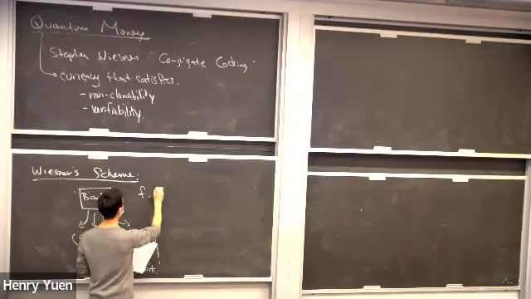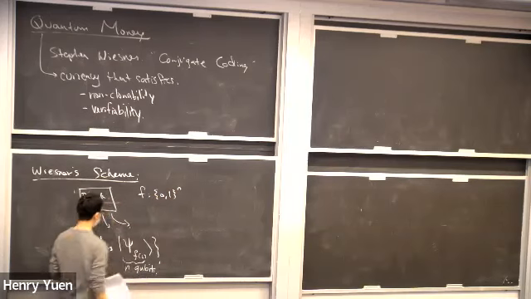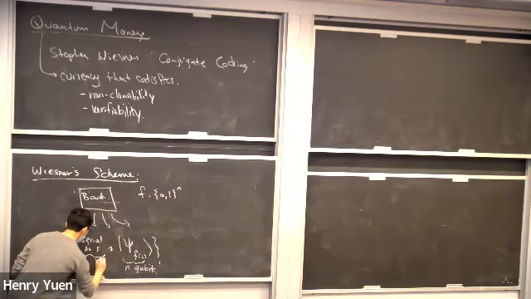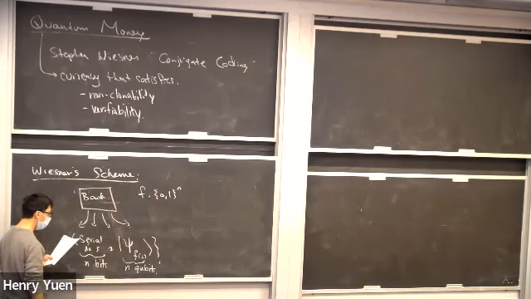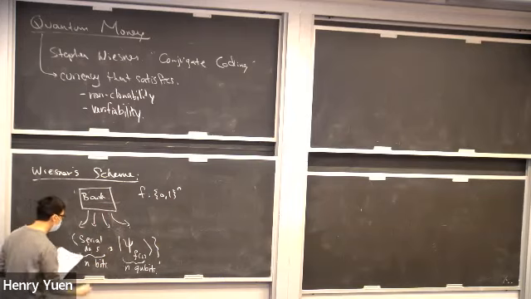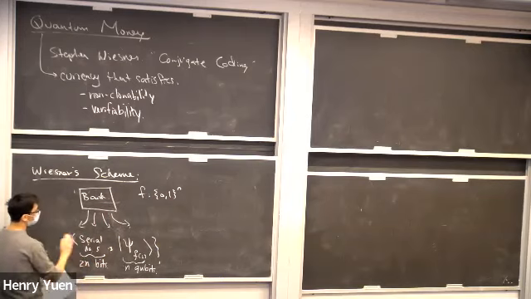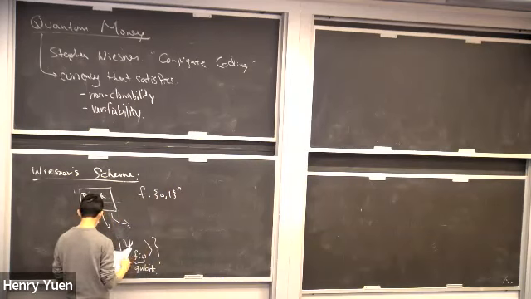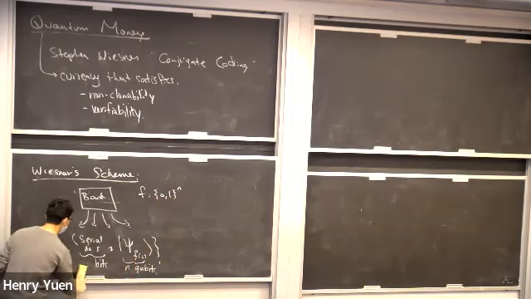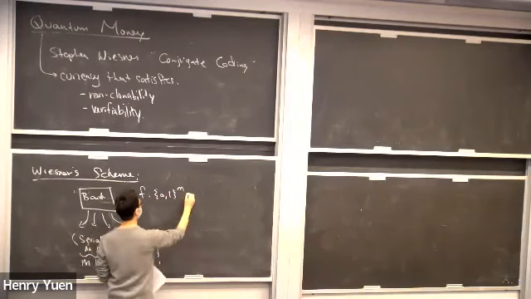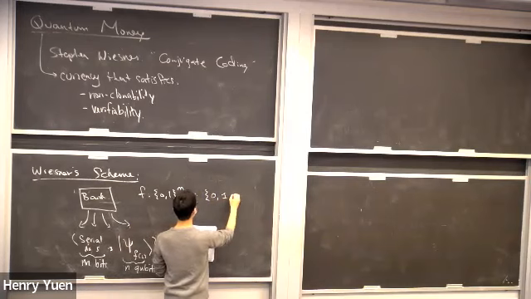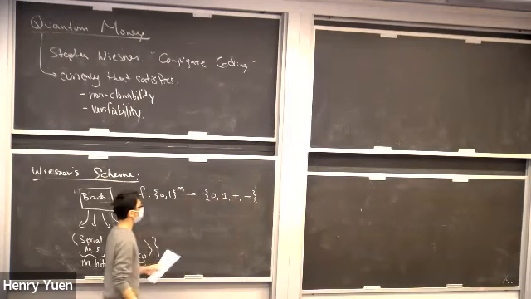So f is going to map m bits, the serial number, into a sequence of 0, 1, plus or minus to the n.